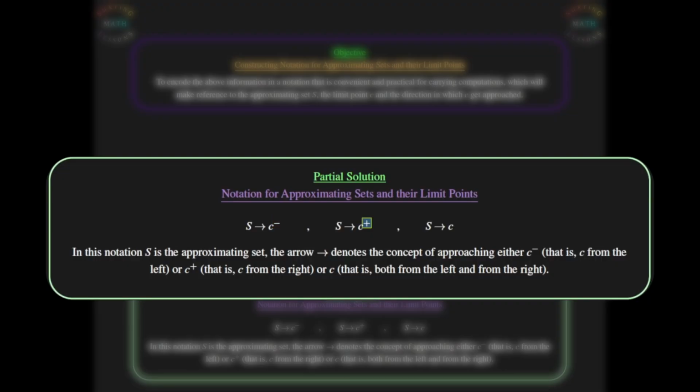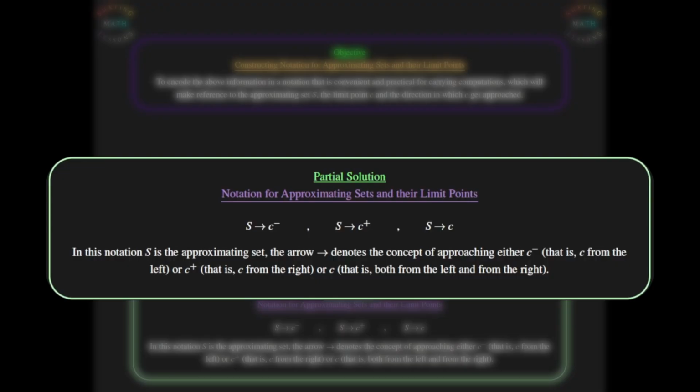A plus sign denotes from the right of the limit point. A minus sign denotes from the left of the limit point. And if no superscript of plus or minus is indicated, then it means that the set S approaches the limit point C from both the left and the right.